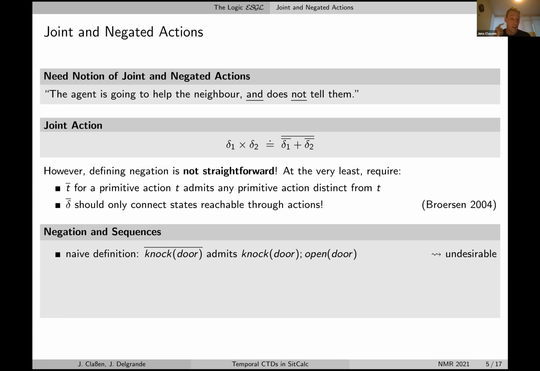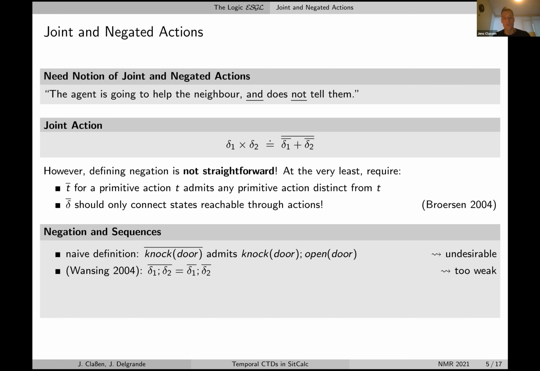And in particular, negation becomes tricky when it comes to sequences of actions. Yeah, so in a naive definition, we would perhaps just take the complement of these sequences. But then, for example, we would get that the negation of knocking at the door would still admit the sequence of knocking at the door and then opening the door, which seems kind of undesirable.